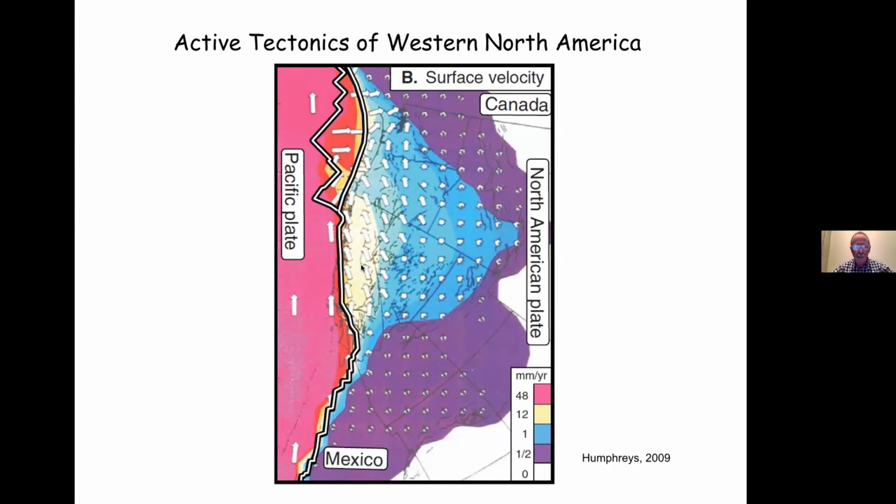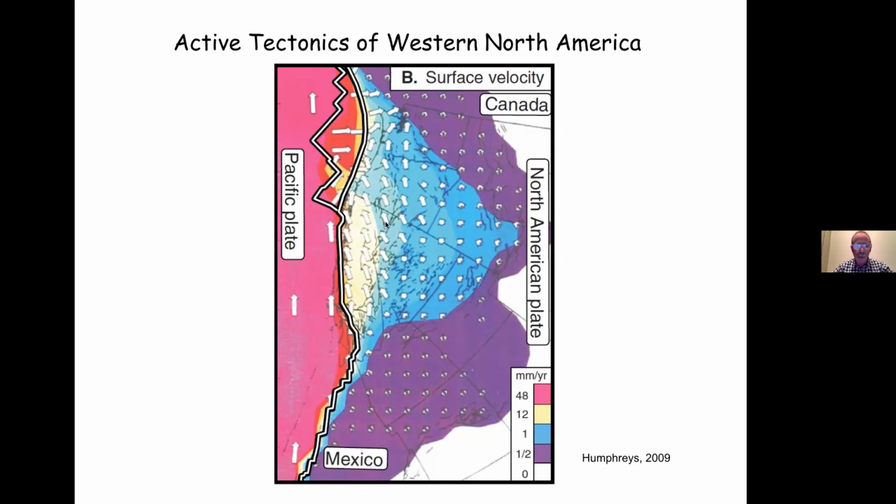This is a map of surface velocity, primarily coming from geodetic data, which shows the San Andreas Fault having a strong component of right lateral shear, but that deformation extends from the San Andreas Fault into the North American Cordillera, which is a different origin, an older origin related to Andean style shortening.